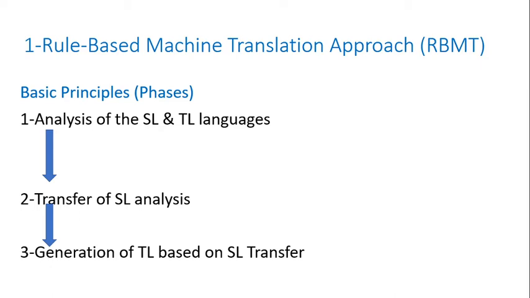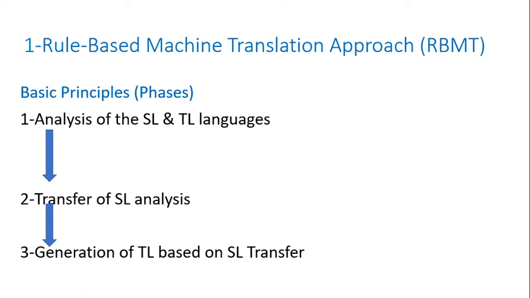The basic principles or phases in the rule-based machine translation approach are the analysis of the SL and TL languages. As I said, by analysis we are talking about the linguistic analysis, and then transfer of the SL analysis, and then generation of the target language based on the SL transfer.